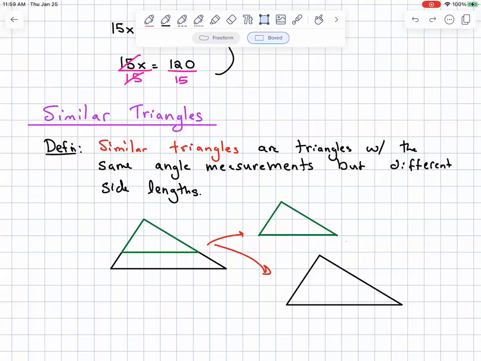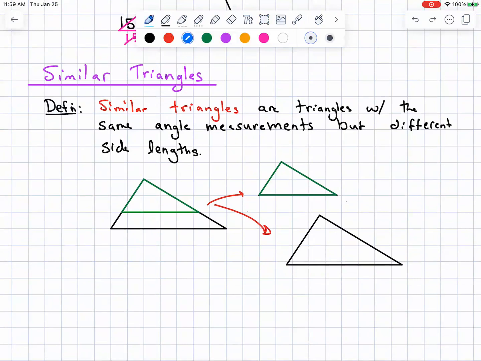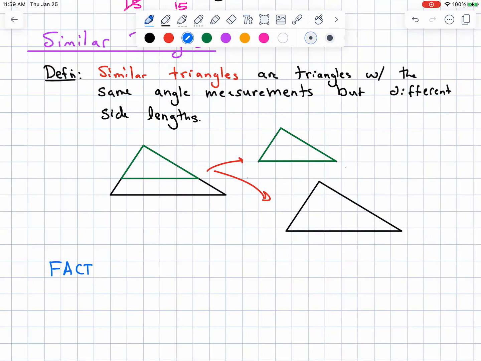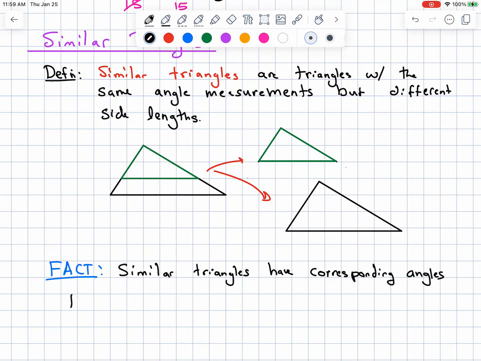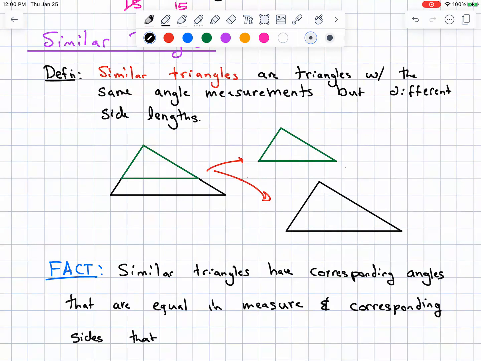Now, the reason they're very awesome, and once again, I'm abusing my language, this is not an awesome fact, but I think it's awesome, is that similar triangles have corresponding angles that are equal in measure and corresponding sides that are equal in proportion.